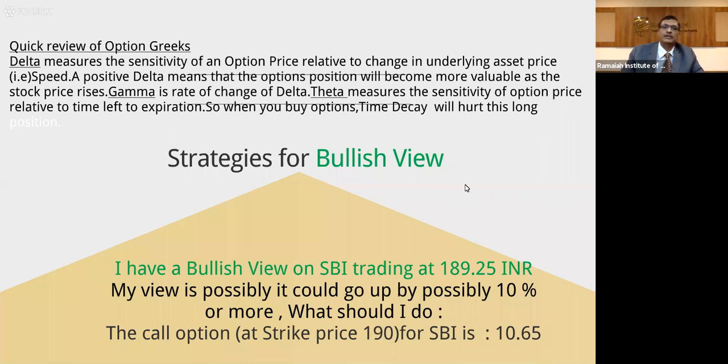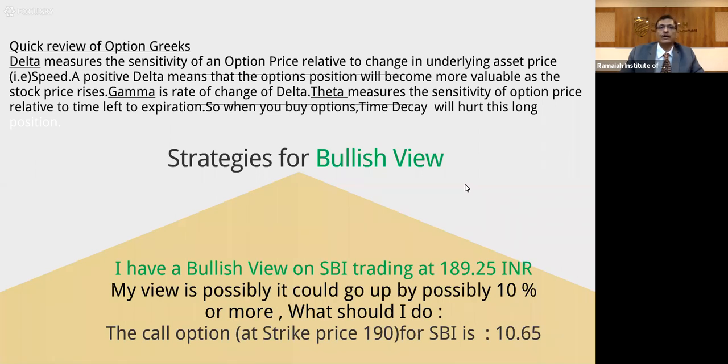It could also be the speed. It is the first derivative. And typically when you buy call options, you have positive delta. The reason is that the underlying stock will go towards the call option value, and therefore your position will become more valuable as the stock price rises.